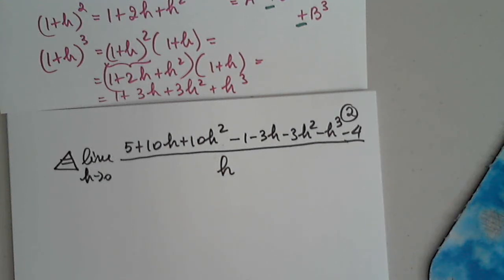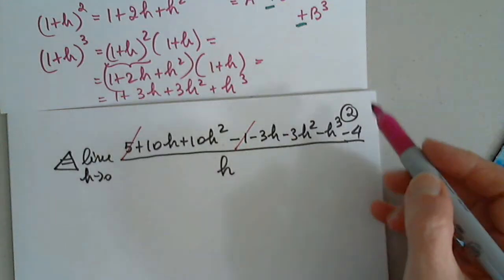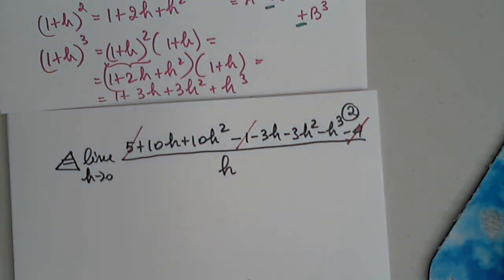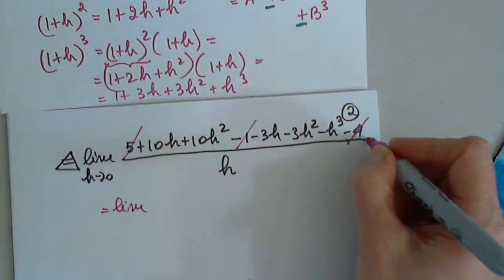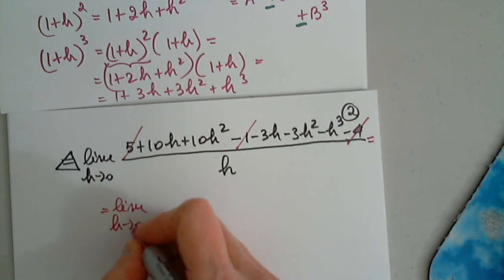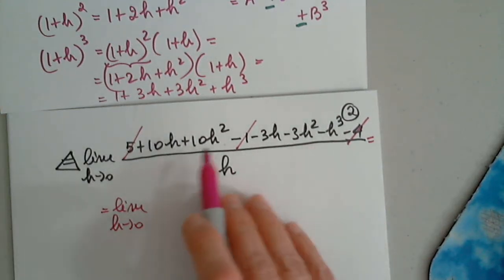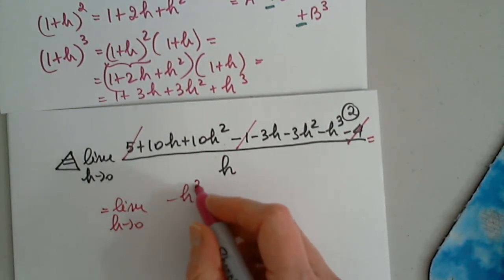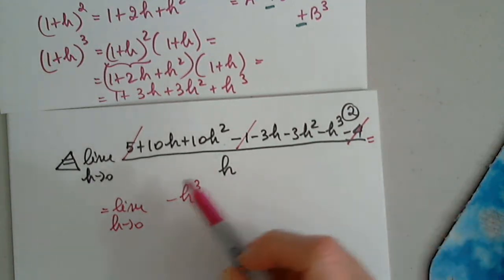Okay? So now let's see what happens. Terms without h must go away, and they do. 5, -1, -4. 5 minus 5 is 0. And now let's see, limit. So the equal symbol follows, h approaches 0. So I start with the highest degree, -h cubed, the degree of the polynomial.